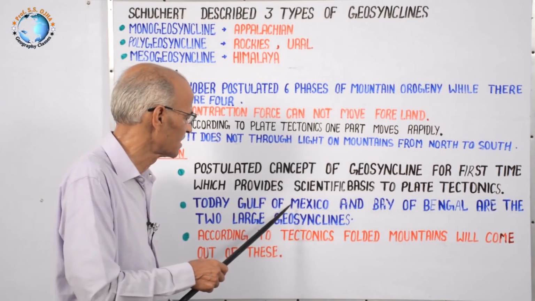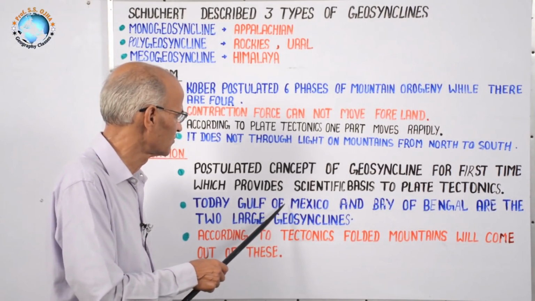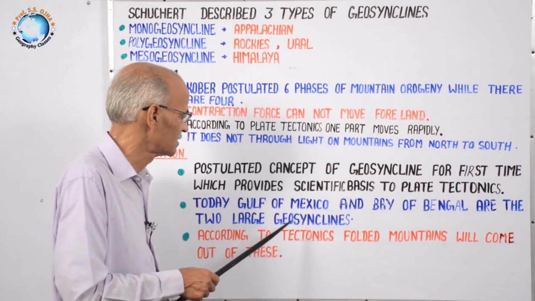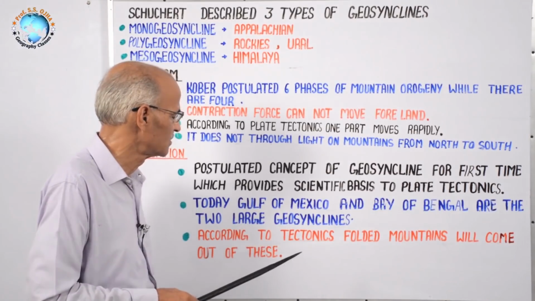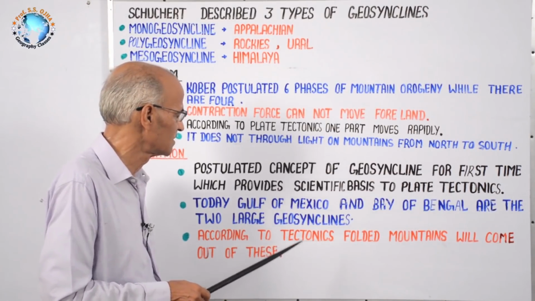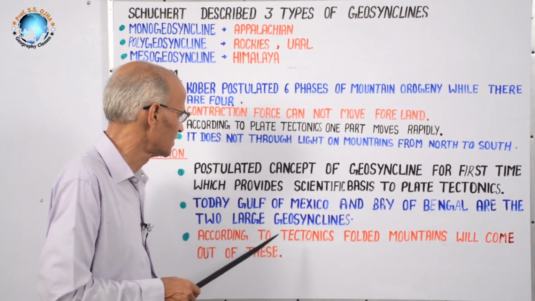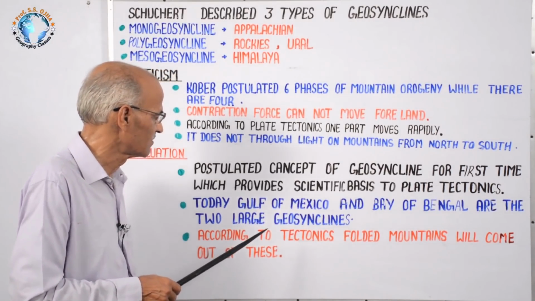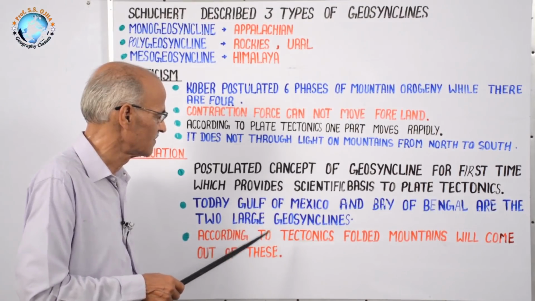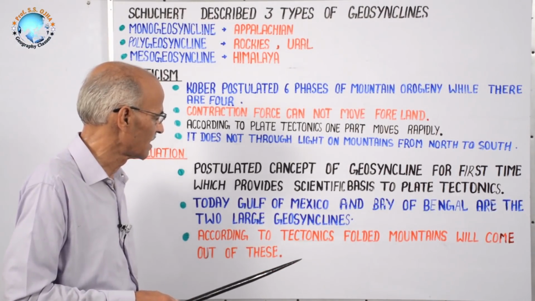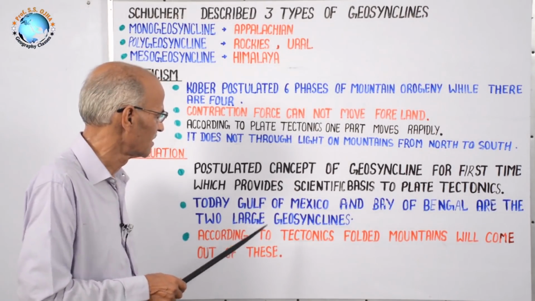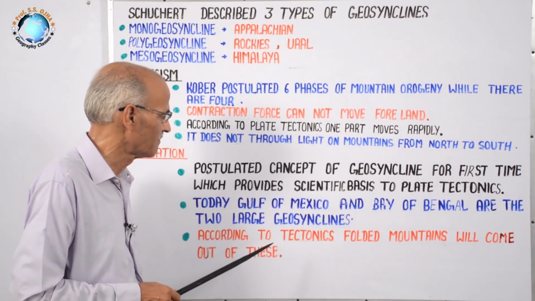It is the second largest example of geosyncline. Why subduction? Due to sedimentation. Why sedimentation? Due to deposition by the Mississippi, Missouri and tributaries. So, it is expected that out of these two geosynclines, the Bay of Bengal geosyncline and the Gulf of Mexico geosyncline, a folded mountain will come.